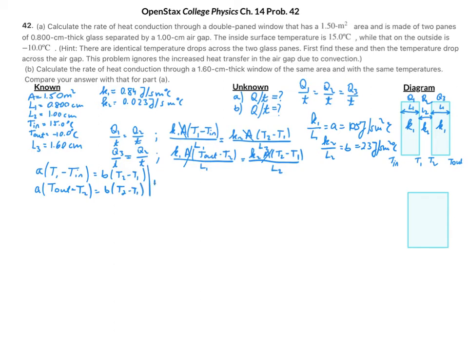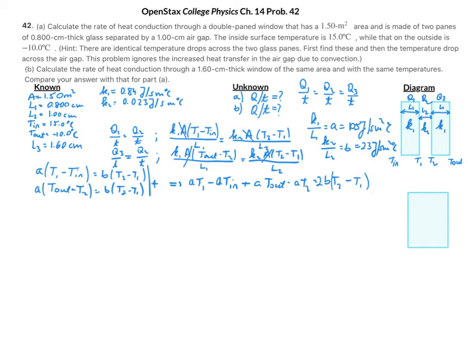I'm going to add these two equations, and from that I will get A T1 minus A T in plus A T out minus A T2 equals 2B times (T2 minus T1).